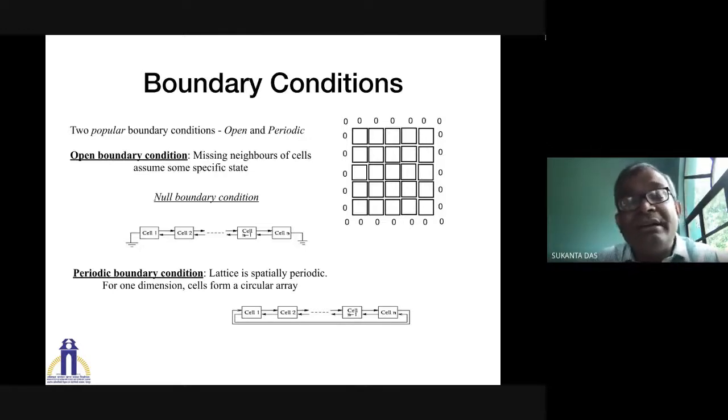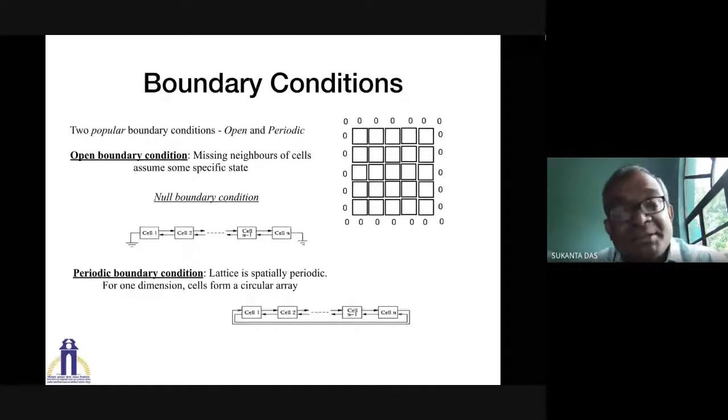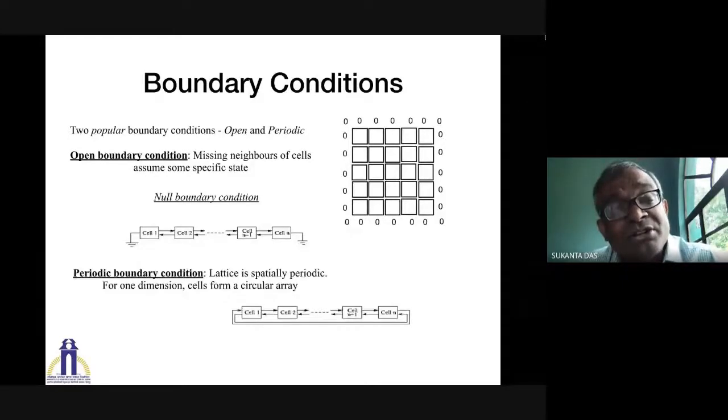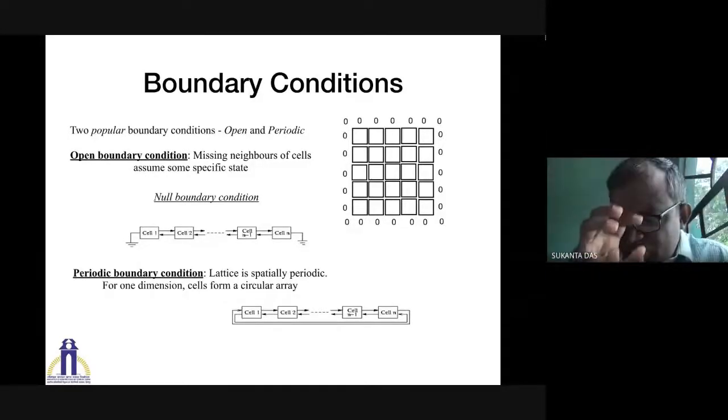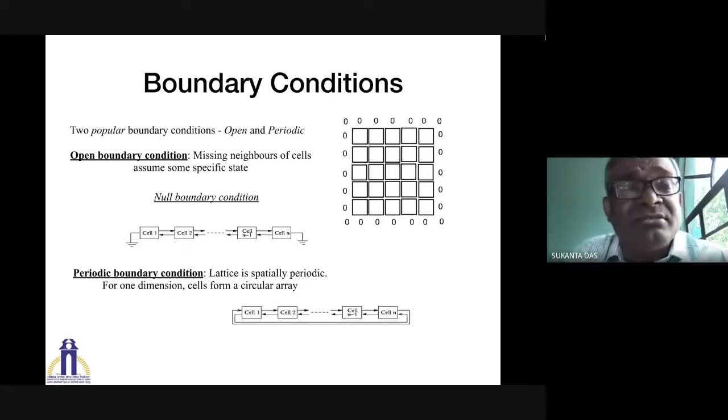So you can consider that it's again an infinite lattice, but it's spatially periodic. So its name is periodic boundary condition. Recall that in the last class we were discussing periodic configurations. Similar concept, right? What was the periodic configuration? A small configuration repeated over the lattice.